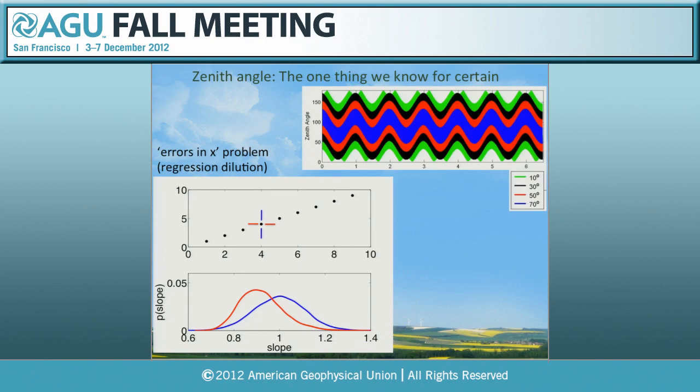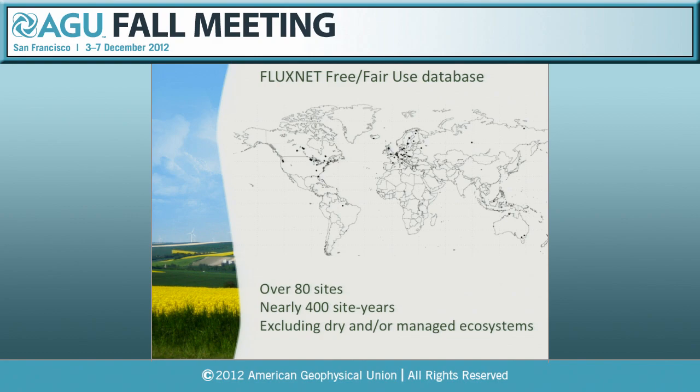Now, when you introduce some uncertainty in the explanatory variable, the X term, the errors in X problem, you in fact will have a biased estimate of that slope. So introducing inputs that have a significant degree of uncertainty could potentially bias your understanding of the response, except when zenith angle is involved, because this is the one thing we know.